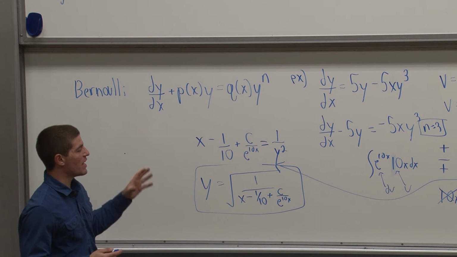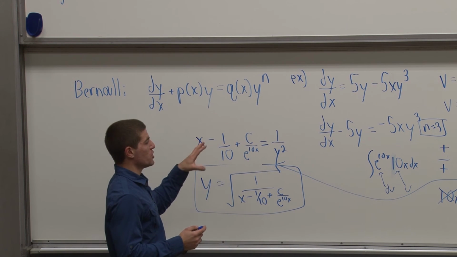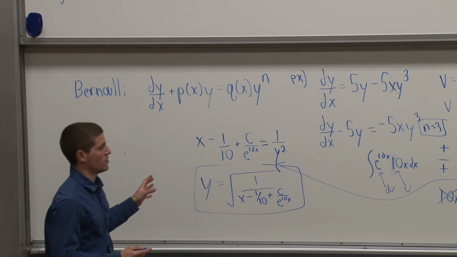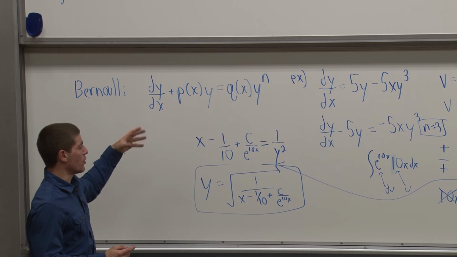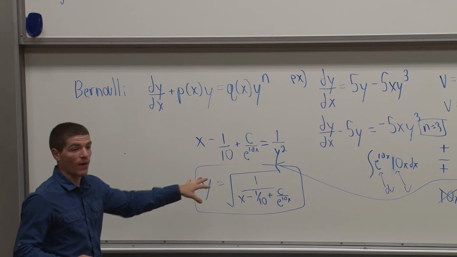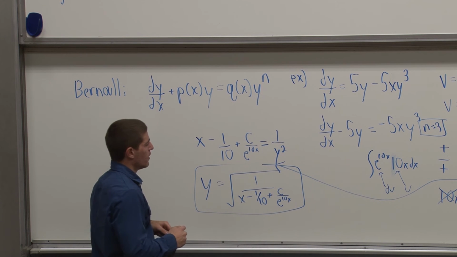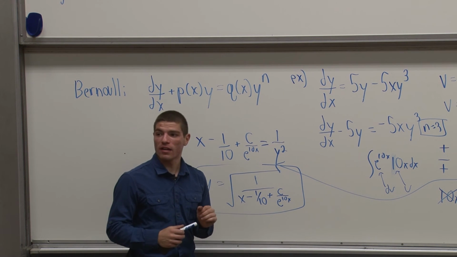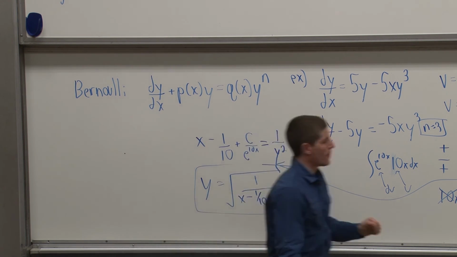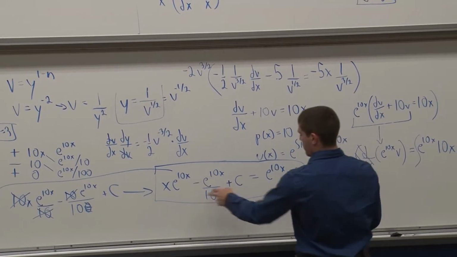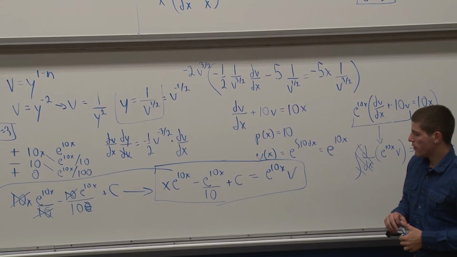OK, so the question was, if we had an initial condition, can we use it earlier in the problem so we don't have to figure this out? Like in the box part over there, if we just plug in y to the negative 2 and solve for c. Yeah, you could.